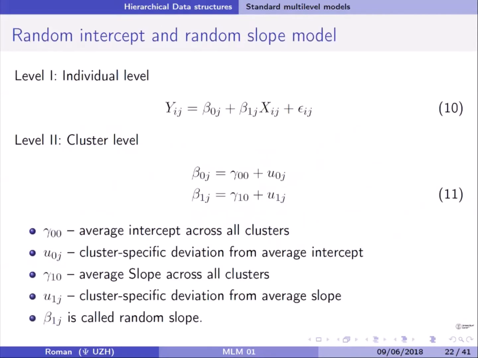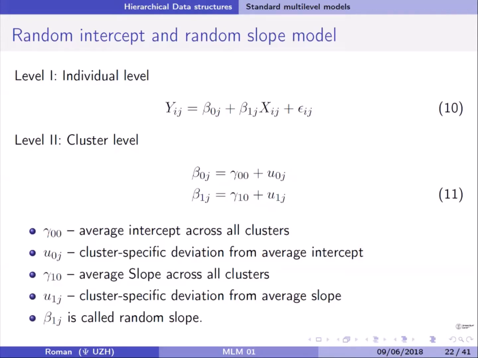So now let's look at a random intercept, random slope model. Notice that we have our same individual level regression model, and now we have another level 2 cluster model for the slope of x. So this expands a little bit.